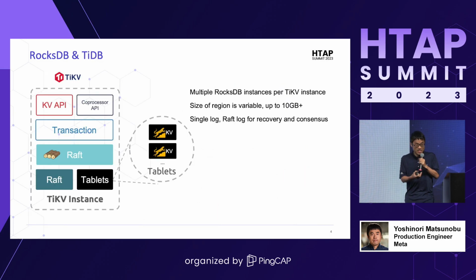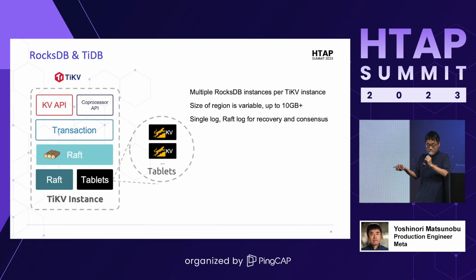Since this HTAP summit is organized by PingCAP, let me briefly talk about how TiDB uses RocksDB. TiDB is a distributed SQL database, and internally it has a distributed key-value store called TiKV. Inside TiKV, there is a data store called Tablet, and inside Tablet, there are multiple RocksDB databases.